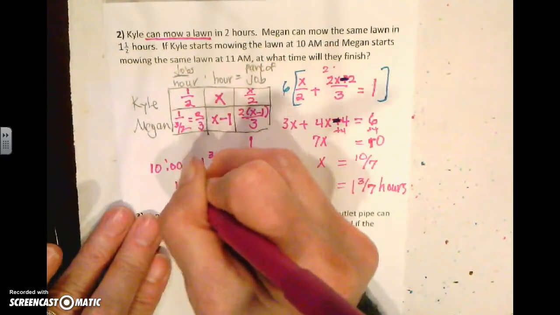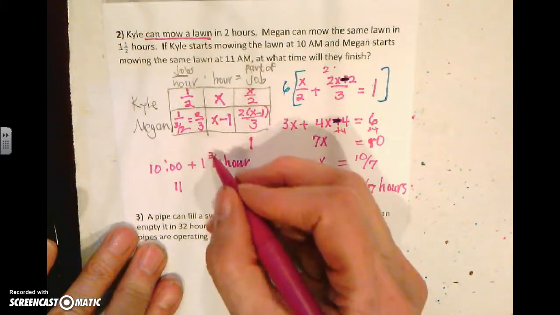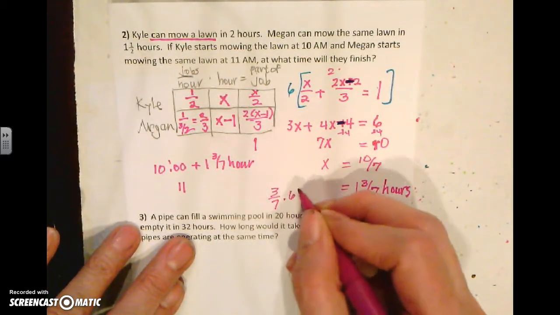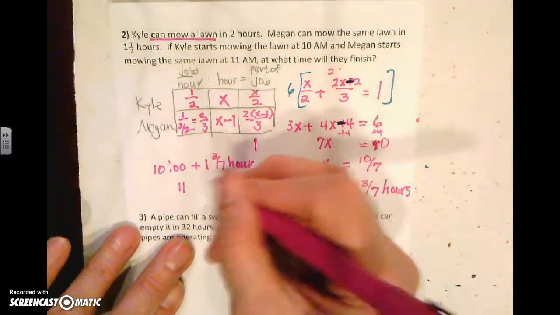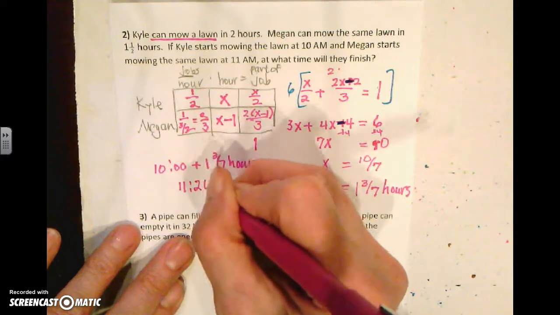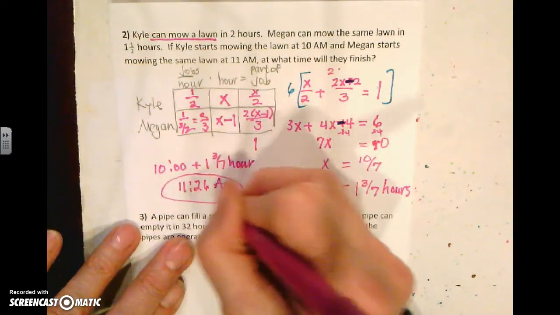So that's going to be 11 something, right? So we need to figure out what 3/7 of an hour is. And so if we take 3/7 times 60, we're going to get about 26 minutes. So this is going to be 11 plus 26 minutes, which is going to be 11:26 a.m.